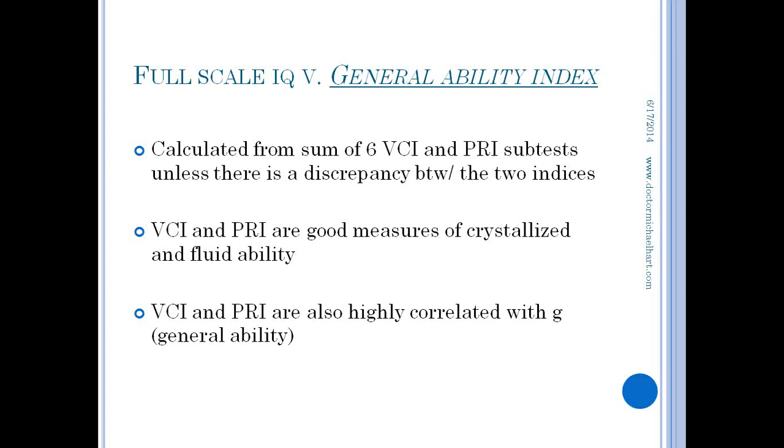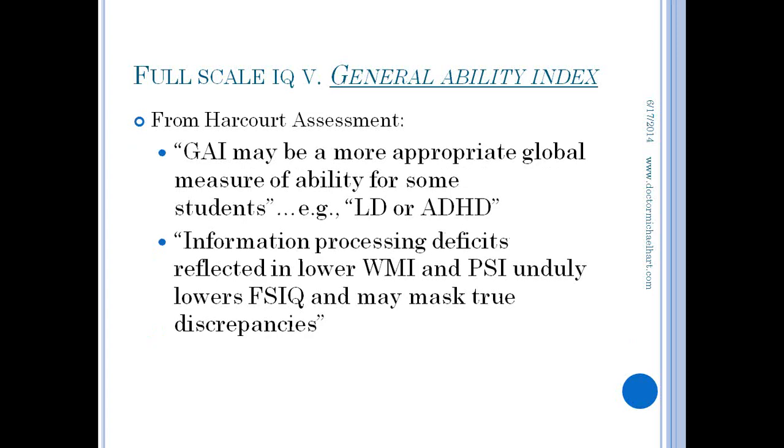Okay, so I wanted to touch on that because I know that was a question for several of you. Now, to prove my point, I went to Harcourt Assessment, which is actually the publisher of the WISC. And they say in their documentation that the general ability index may be a more appropriate global measure of ability for some kids, e.g. kids with what they call learning disabilities, what we would call dyslexia, and ADHD.